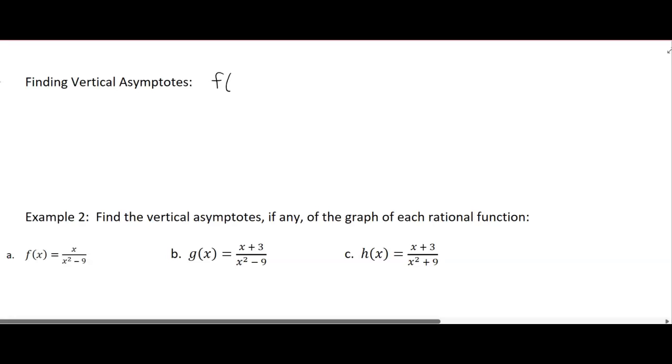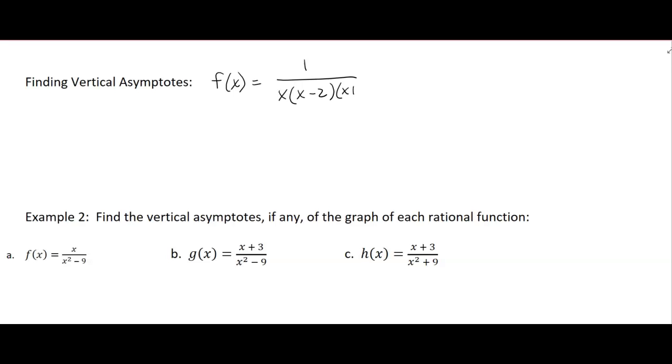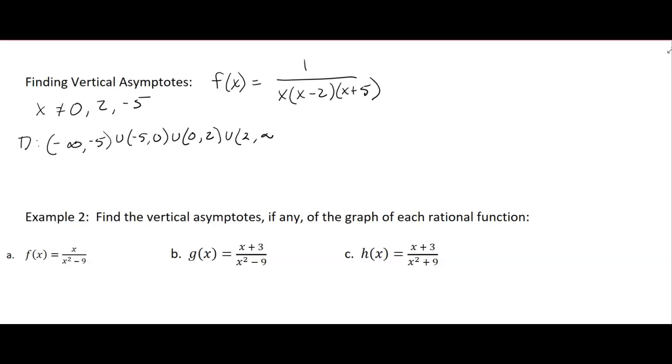So we had a function a while back, a few videos ago. I don't remember what the numerator was, but the denominator was something like this. And we said, oh, you can't have 0. X can't be 0, it can't be 2, and it can't be -5. So we said the domain was from negative infinity to -5, and then -5 to 0, and then 0 to 2, and then 2 to infinity.